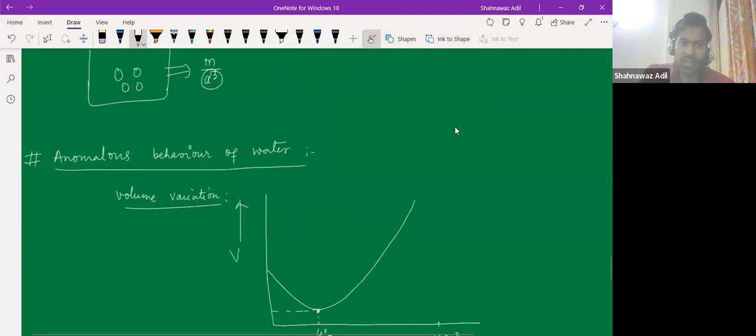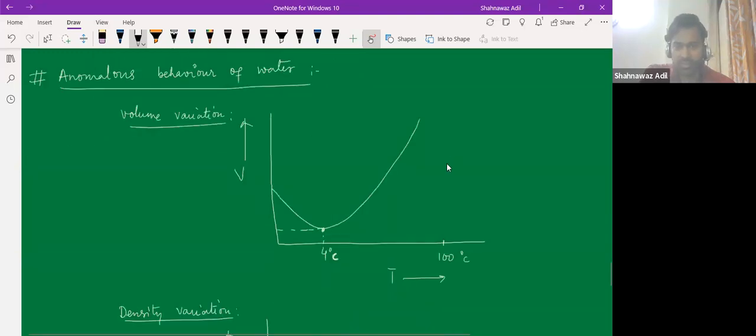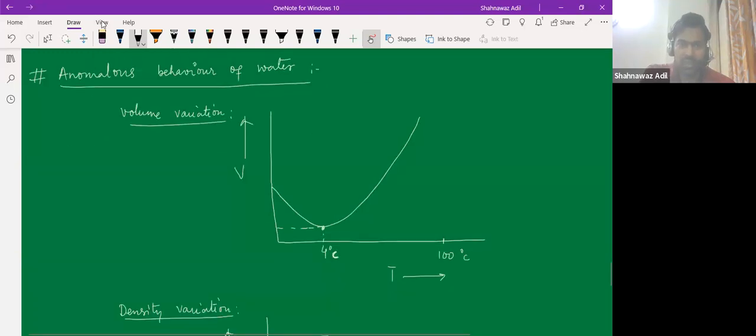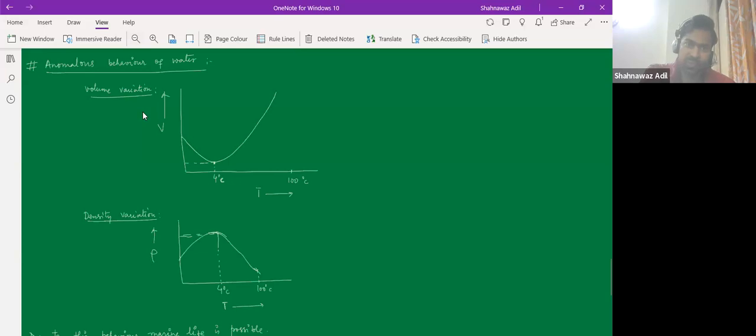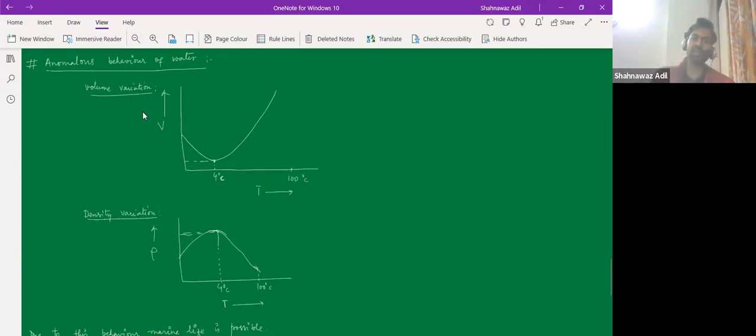Did you guys understand this anomalous behavior? Yes, sir. Yeah, then please note it down. Right, so usually in the earlier cases, what did we see? We see that if we increase the temperature, volume will increase. But we see that if we are increasing the temperature from 0 to 4 degrees C, the volume is decreasing.